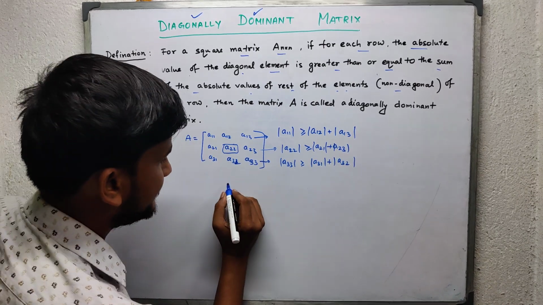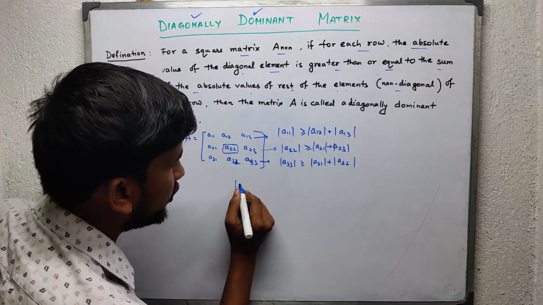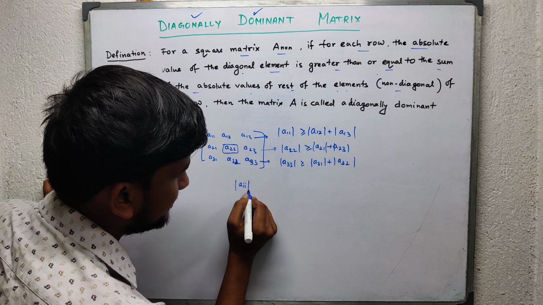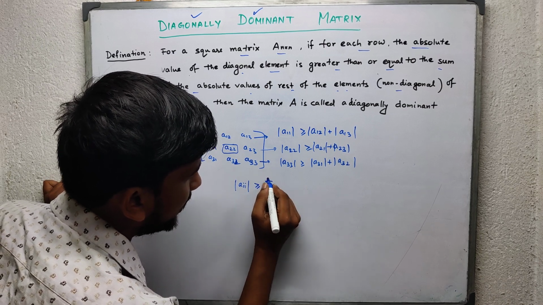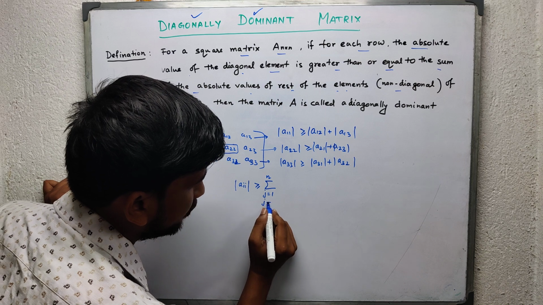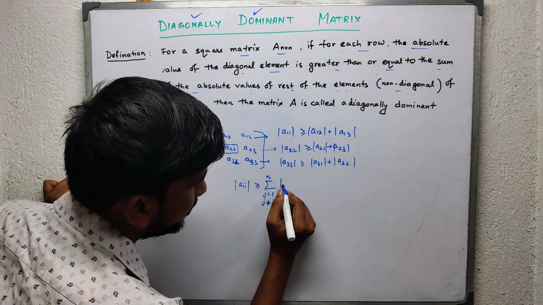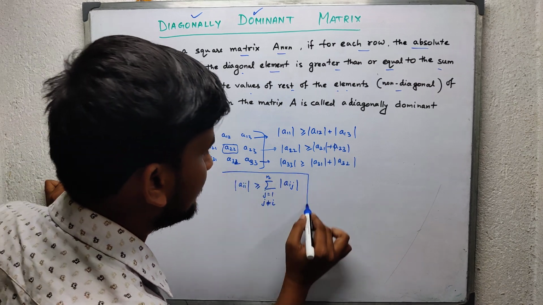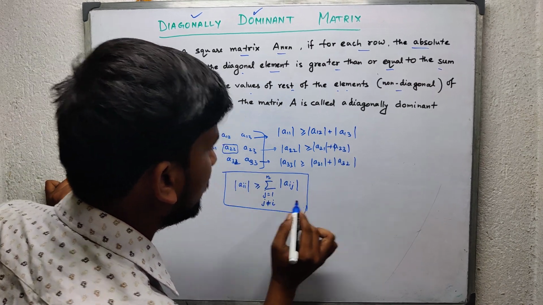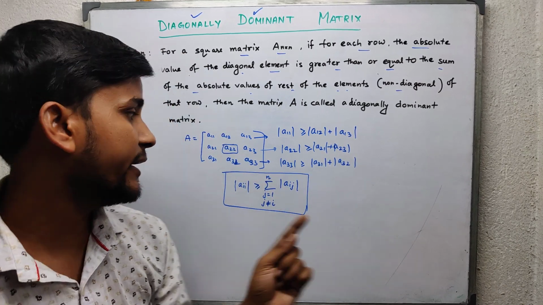Generally we write: mod of Aii is greater or equal to the summation over j equal to 1 to n, j not equal to i, of modulus of Aij. So this is the definition of the diagonally dominant matrix.